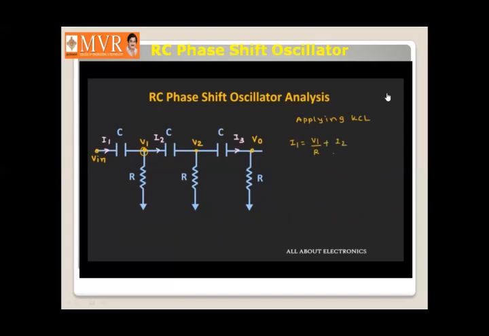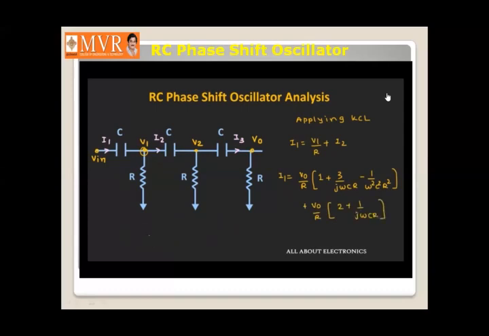Now we already know the value of V1 and I2, so let us put the value of V1 and I2 in this expression, and we can write this current I1 as VO by R times 1 plus 3 by j omega CR minus 1 by omega square C square R square plus the value of I2 will be equal to VO by R times 2 plus 1 by j omega CR.